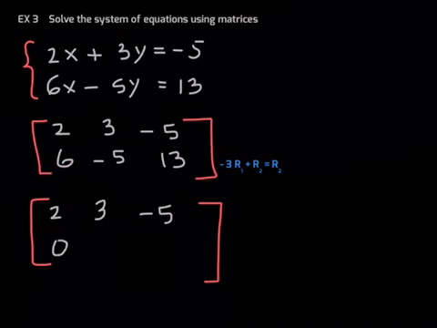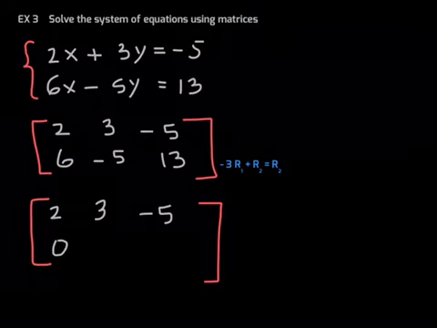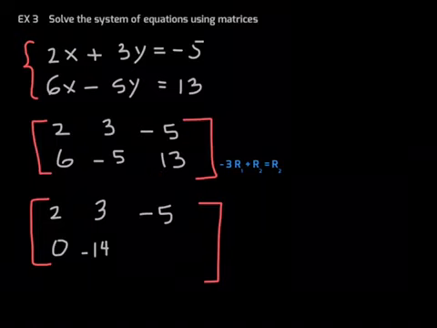That's what we wanted. Next, 3 times negative 3 is negative 9. Negative 9 plus negative 5 is negative 14. And then negative 5 times negative 3 is positive 15. Positive 15 plus 13 is 28.